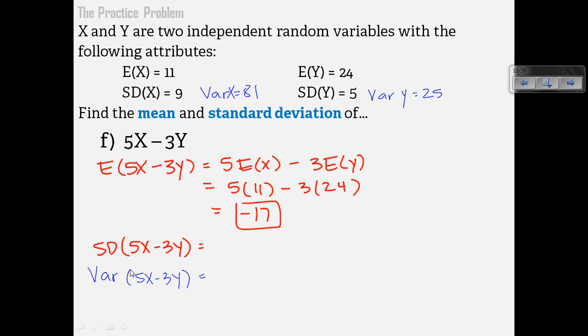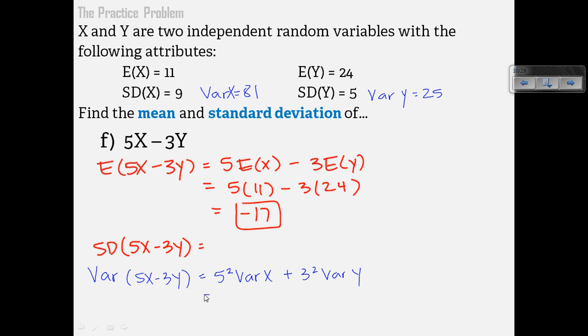So it's kind of combining our multiplying by a scalar rule with our adding two random variables rule. Okay, so what that would tell me to do is the scalar 5 squared times the variance of x plus 3 squared times the variance of y. Okay, it's a plus because remember, when you're adding or subtracting two random variables, variance always increases.